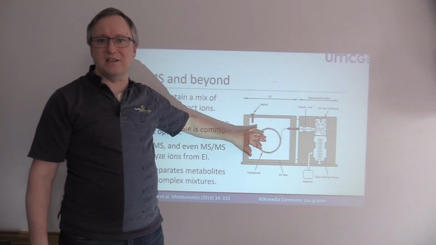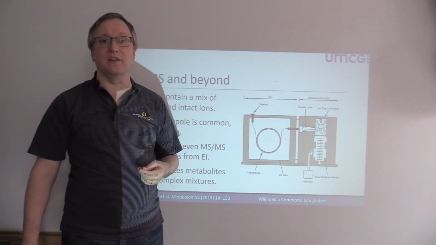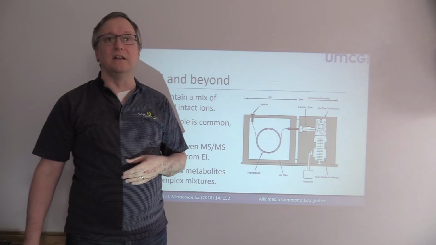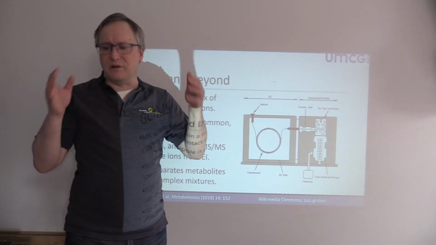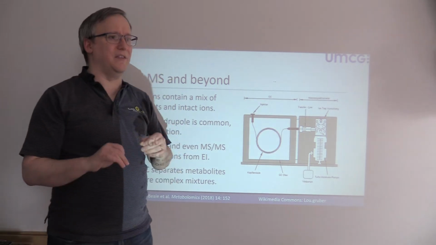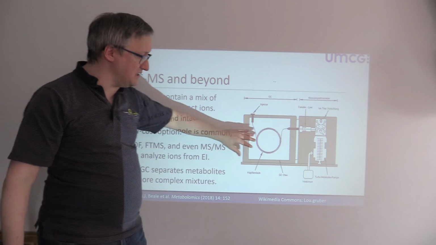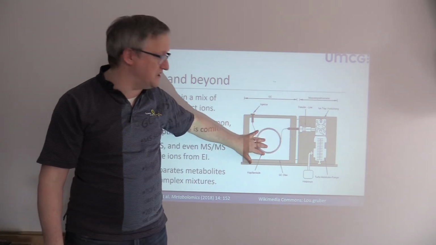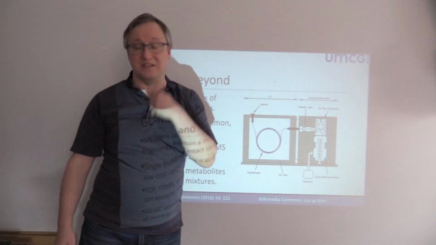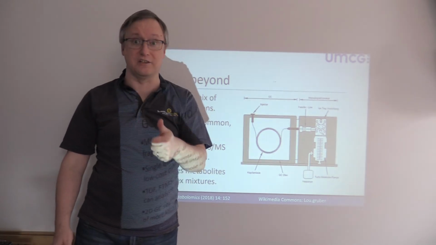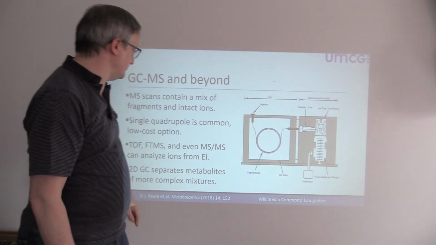This is a pretty simple arrangement. If you're accustomed to looking at things like Orbitraps and stuff like that, we have all these nice hybrid mass analyzers and so on that combine different mass analyzers in series. But this is a pretty straightforward arrangement. GC and a single mass analyzer type on the back end.